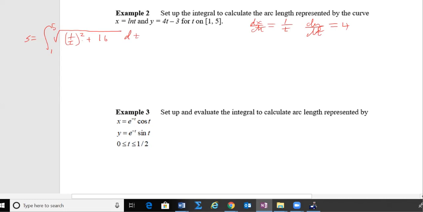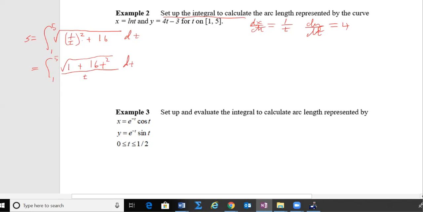Okay, now I wonder if we can integrate this, or if it just says set up the integral. It doesn't say to do it, so let's see what we have here. This would be the square root of 1 plus 16t squared over t dt.